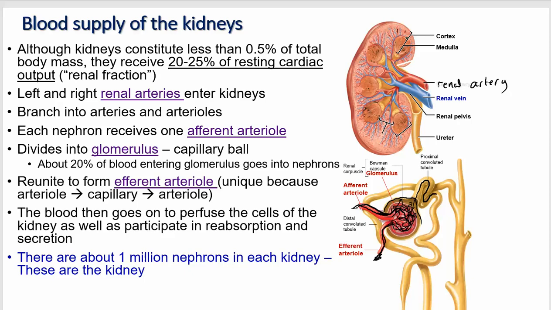So we have movement, in this case, from an arteriole to a capillary, and we learned before that it then goes capillary to venule, but that's different here because all we're doing is trying to filter the blood. So we have just this capillary ball here, and then we go back to an efferent arteriole because we haven't lost oxygen.